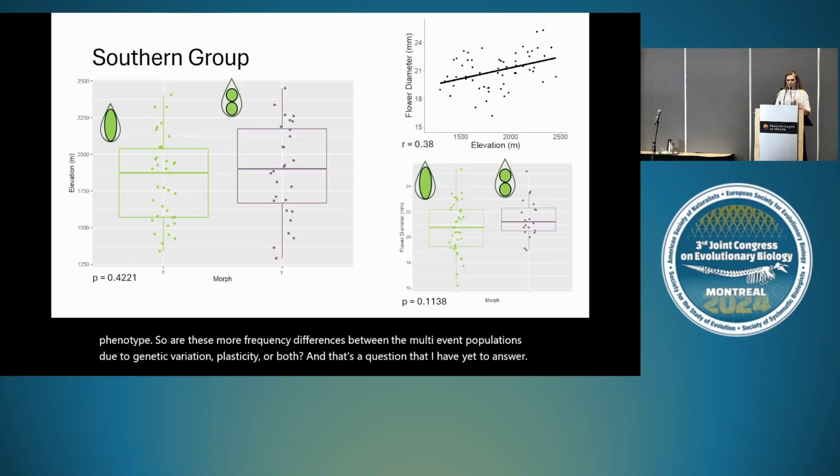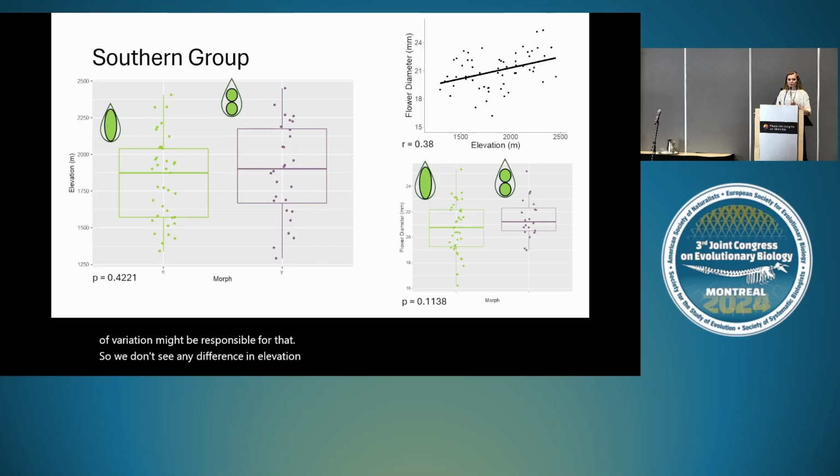What's going on in the southern group? We have this mixture of multi-ovulate and single ovulate populations occurring in really close proximity to each other. So I just wanted to see what sort of variation might be responsible for that. We don't see any difference in elevation between populations that are fixed for the single ovulate and populations that have the multi-ovulate phenotype.